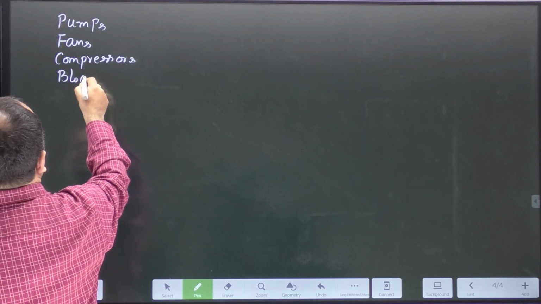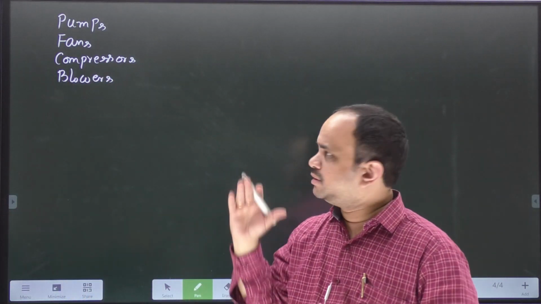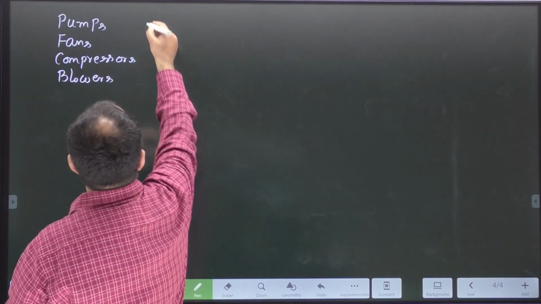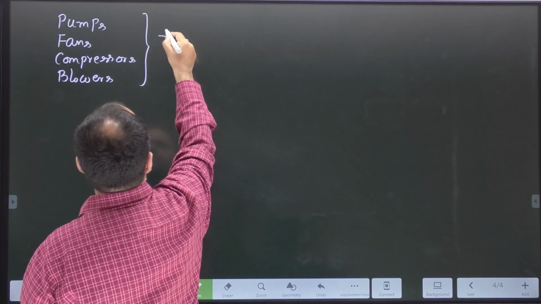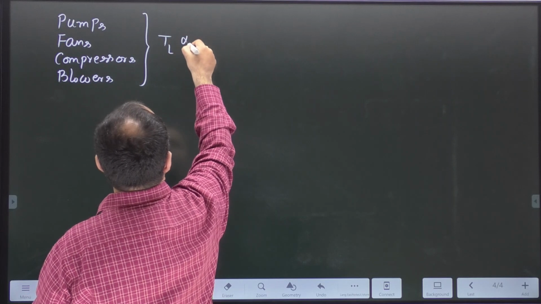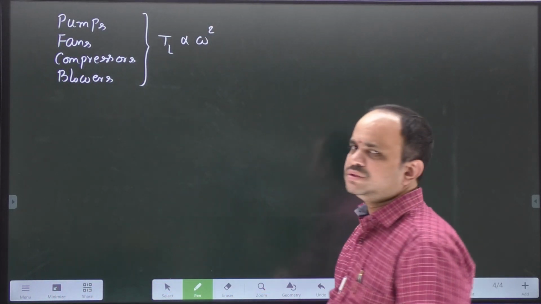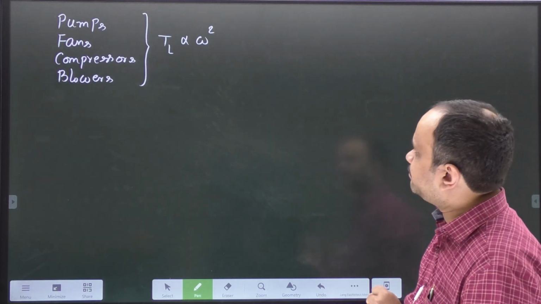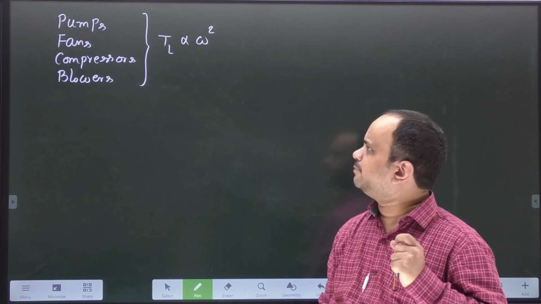Another load, blowers. For objective exams these loads are important. Now, for all of these loads, what is the basic property? Load torque is proportional to the square of the speed.